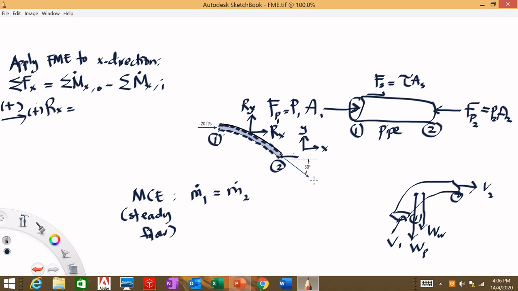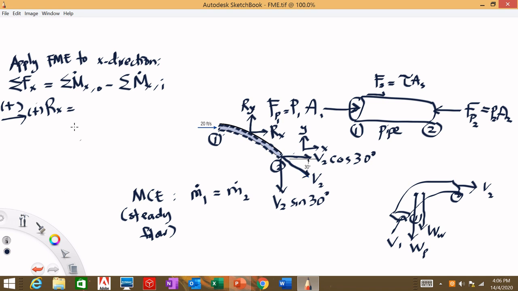The velocity is going in this direction, right? So I have a component of velocity in X direction, V2 cos 30. In Y direction, it's V2 sin 30. The angle is 30 here.